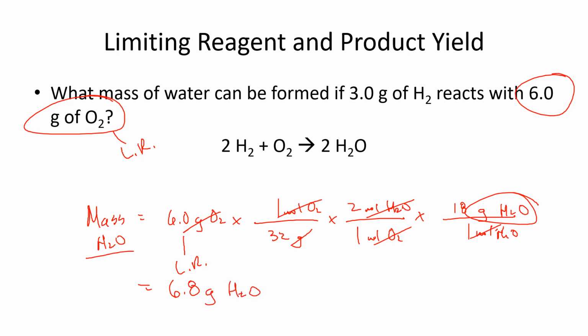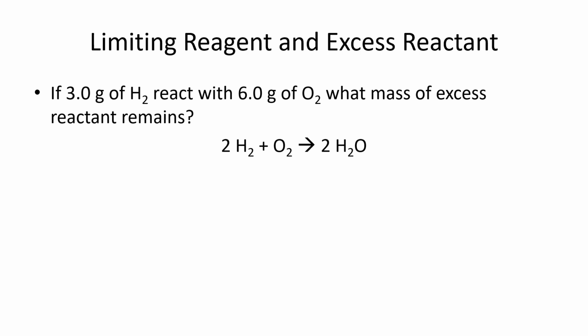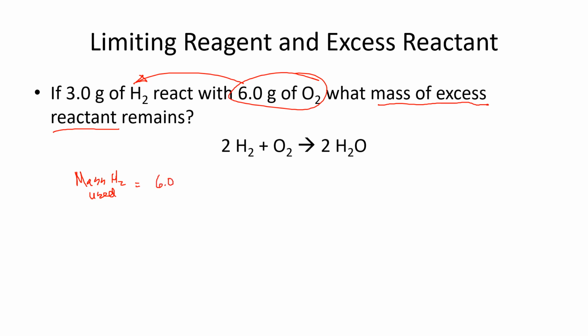Awesome. Now, using your limiting reagent can also help you to determine how much is left over, which are your excess reactants, right? So all you do is you use your limiting reagent to work out how much of the excess reagent is used up, and then you subtract from what you started with. So we're going to start by finding the mass of hydrogen used, and we'll start with our limiting reagent, oxygen, and again 32 grams per mole of oxygen, and then we'll go to the mole ratio.